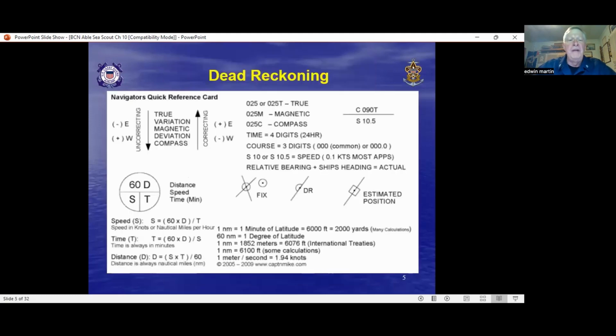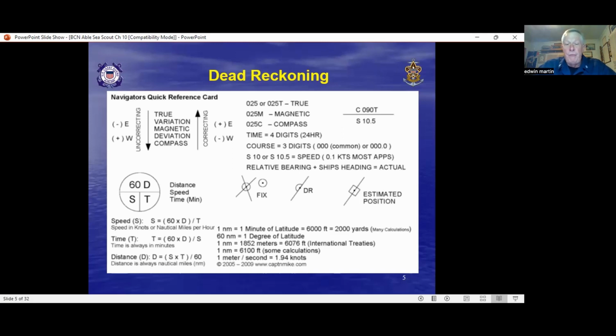I threw this in because I think everybody should have a little reference card when they're navigating. We've got compass variations, the time, speed, and distance circle. We've got position, DR, dead reckoning nomenclature.